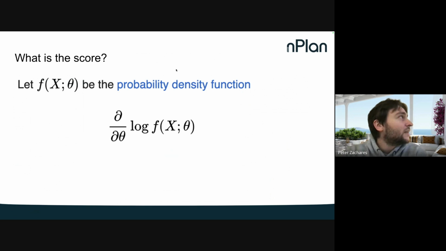But if we let f of x given theta, or f of x theta, be the probability density function describing some random variable x, then the score is the derivative with respect to the parameter theta of the log probability of x. That's what the score is.